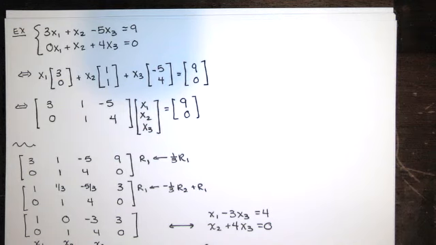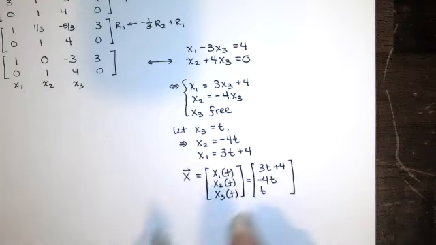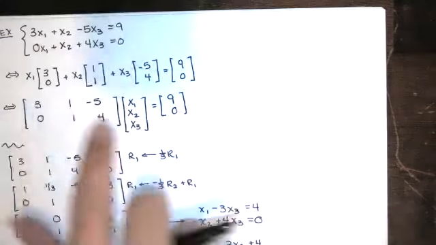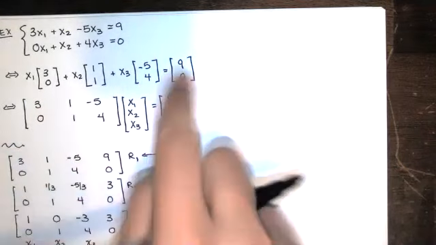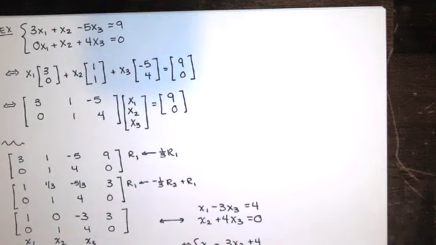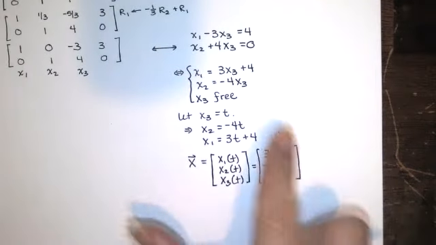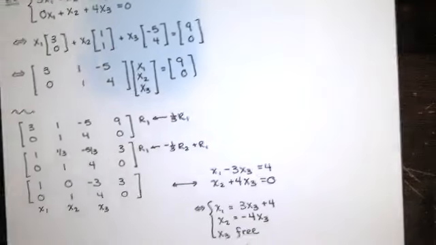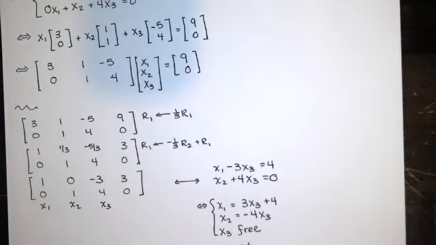Now it turns out that if x1, x2, and x sub 3, if all of these satisfy these equations, well then we end up getting this vector 9, 0. So we can think of the vector with components 9 and 0 as being a linear combination of these, as long as we choose x1, x2, and x3 in just the right way. And as long as they have this relationship, we can get 9, 0 out of that. And then, of course, we could write the equation in this form.